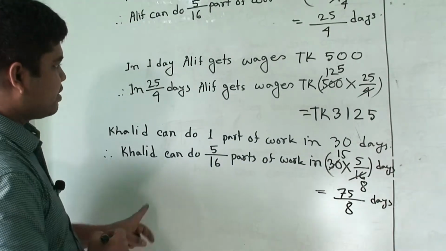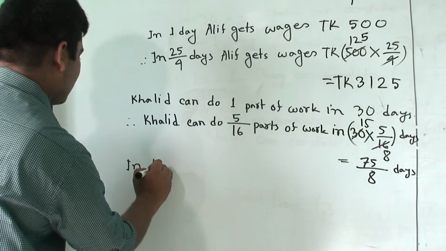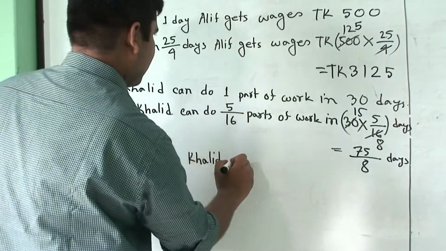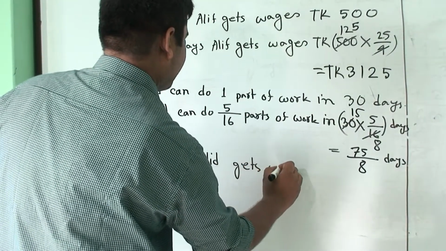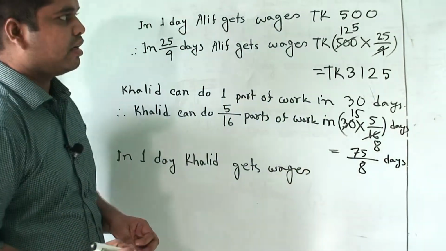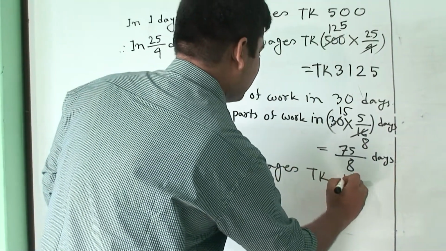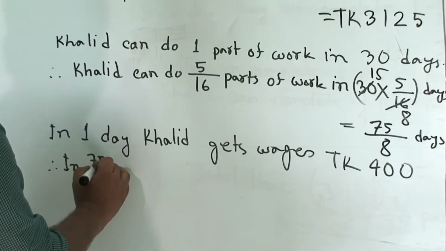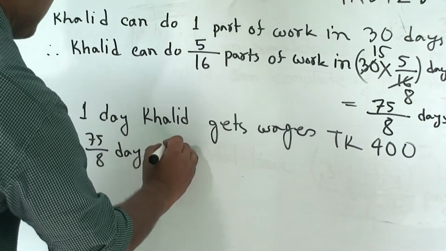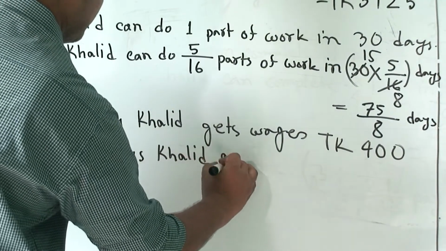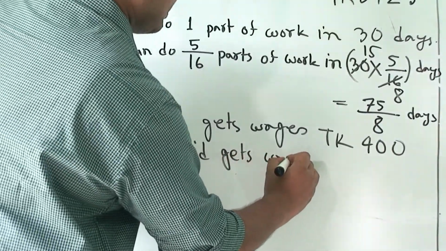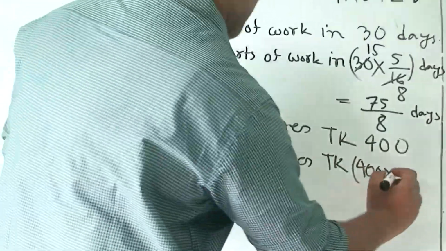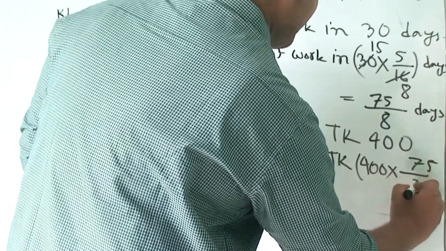Now my dear students, in one day Khalid gets wages how much taka? 400 taka. 400. Then in 75 by 8 days Khalid gets wages taka 400 multiplied by 75 divided by 8.